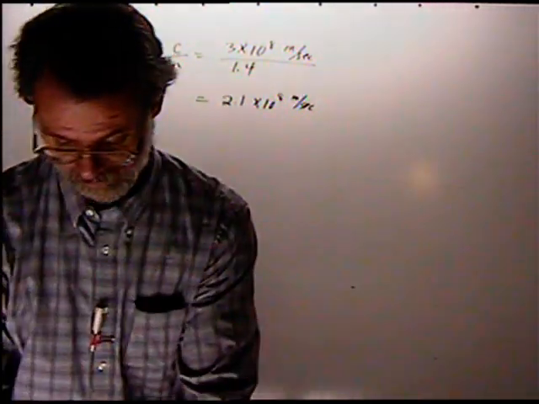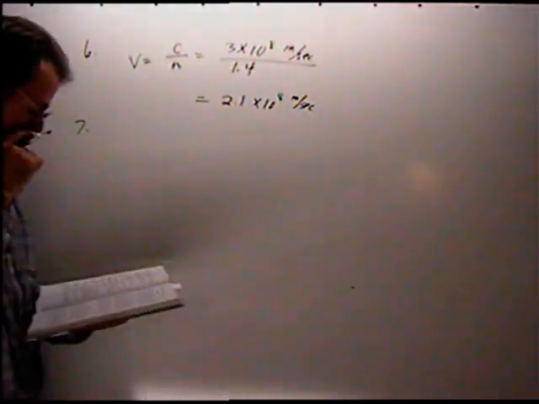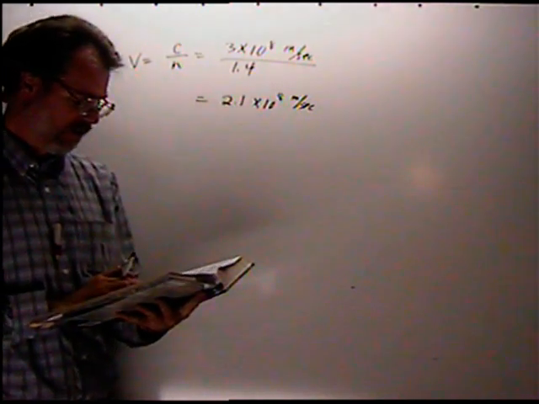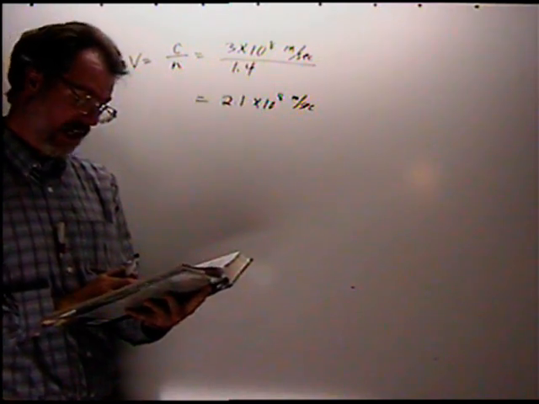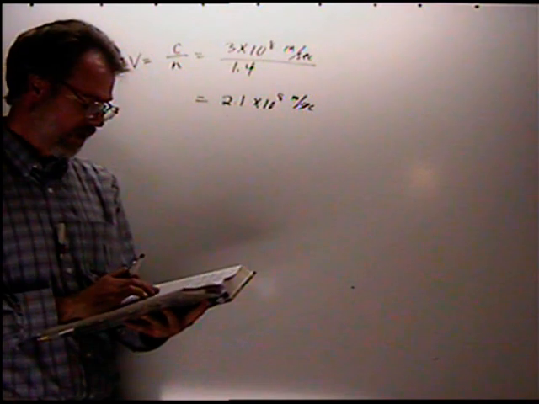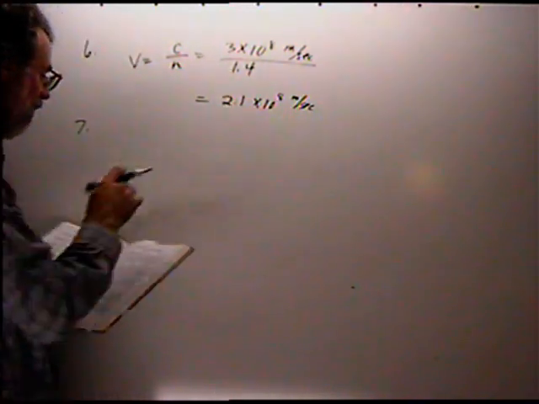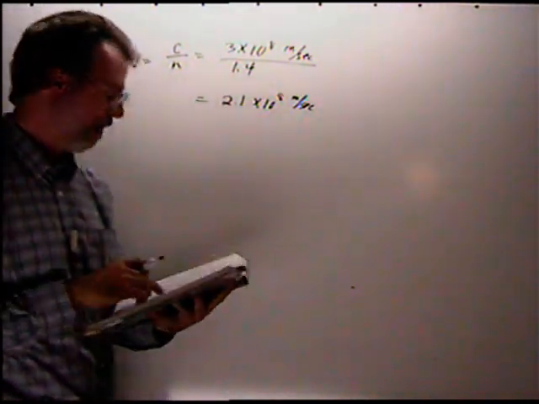Okay, number 7. Light is traveling in a special kind of glass known as flint glass. If it encounters air at an angle of incidence equal to 20.1 and refracts at 35.7, what is the index of refraction?